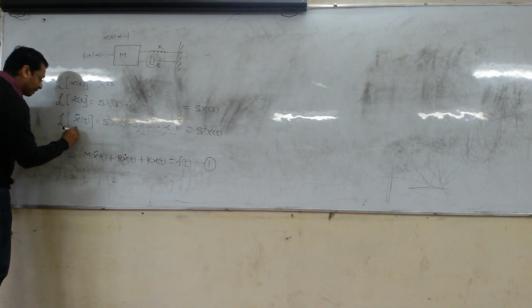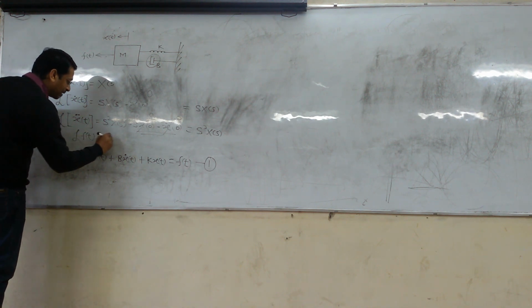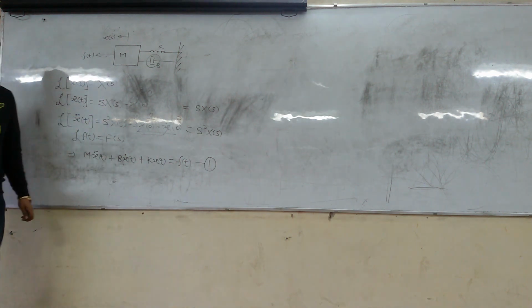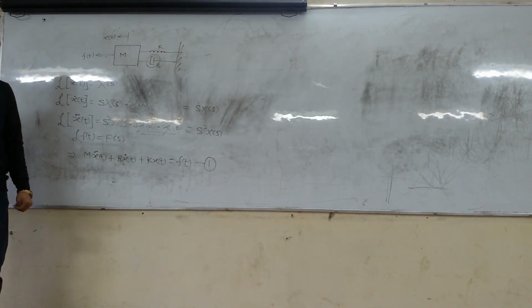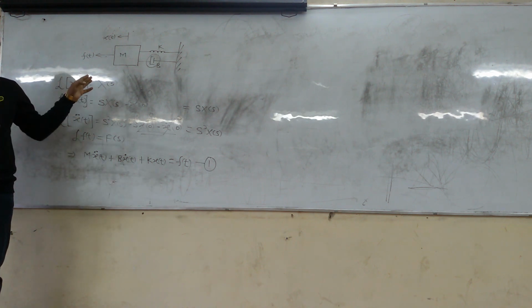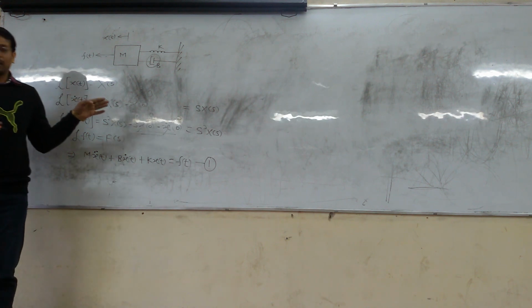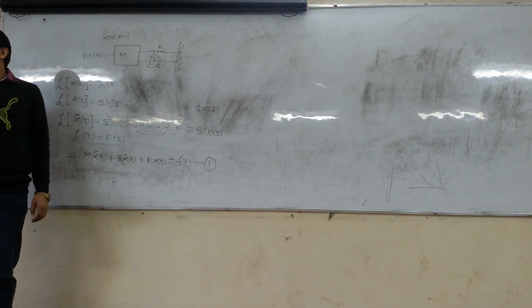And accordingly, the Laplace transform of f t will be something like capital F s. Correct? What is the input here? Not x. Input is your force, because you are providing the force, and position x is the output.